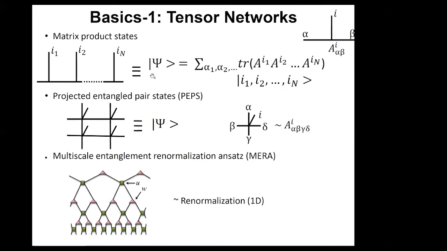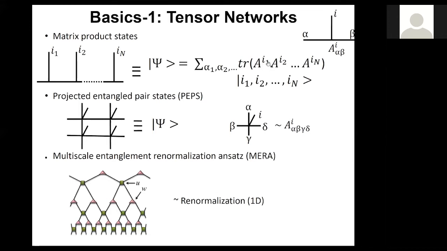And the whole state, for many physical ground states, can be expressed in this way, where it is the linear superposition of these basis states from i1 to iN, and the coefficient in the linear superposition is given by a multiplication of these matrices.